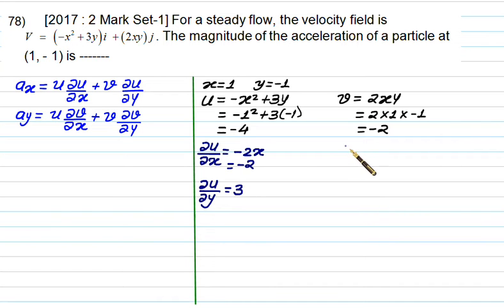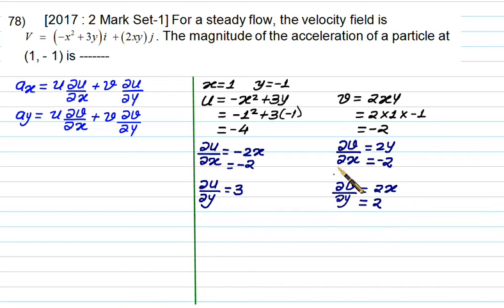Similarly, the partial derivative of v with respect to x is 2y, and with y equal to -1, this value is -2. And one more term, del v by del y, equals 2x, and this time x is 1, so it is equal to 2.